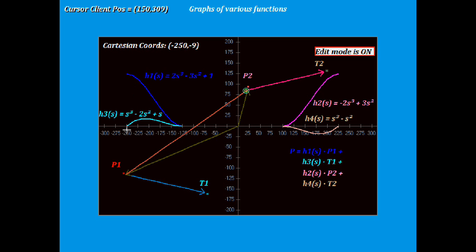So at t equals 0, the direction of motion for a little while is going to be along the T1 vector. It has to be, because all of the other derivatives are 0, so there's no change with respect to P1, or with respect to P2.